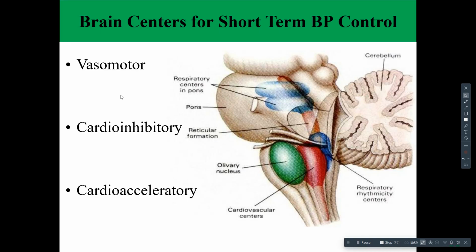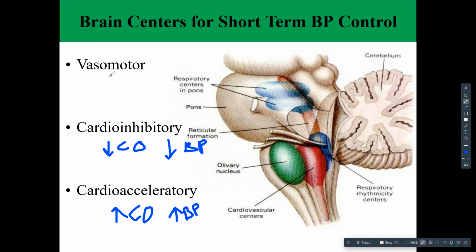The cardioinhibitory and cardioacceleratory centers affect cardiac output. The cardioinhibitory center is going to decrease cardiac output and thereby decrease blood pressure. Activating the cardioacceleratory center is going to increase cardiac output and thereby increase blood pressure.